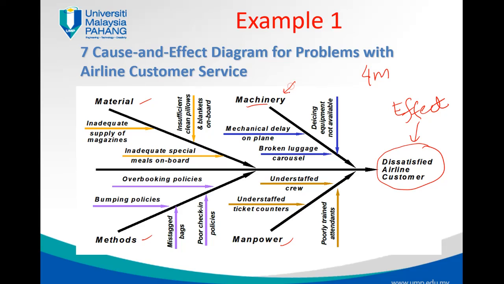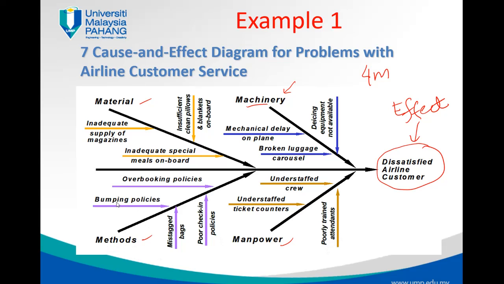For machinery, for example, you need to detail out that we have a mechanical delay on the plane, broken luggage carousel, then de-icing equipment not available. So these are problems related to the machinery that finally contributed to the dissatisfied airline customer. If you look at the manpower, they have detailed out understaffed ticket counters, understaffed crew, poorly trained attendees.